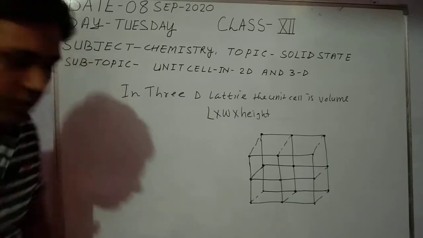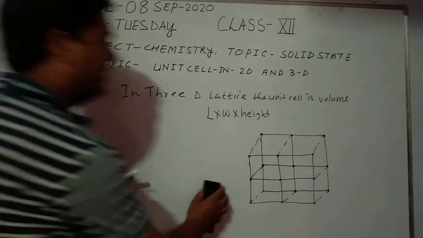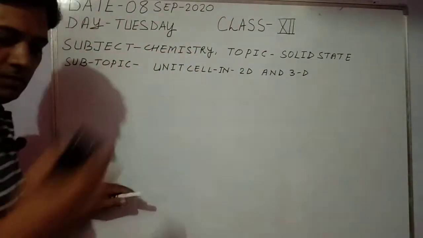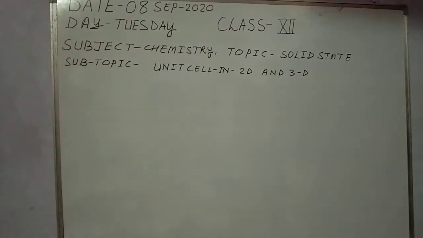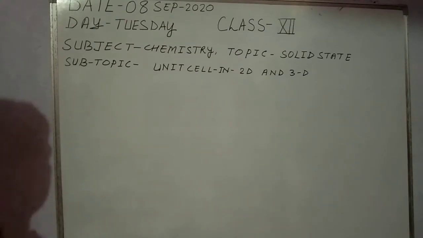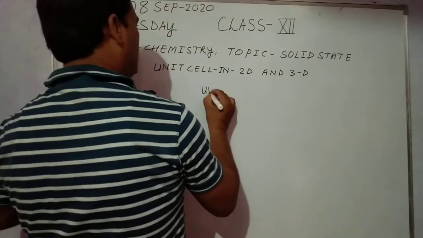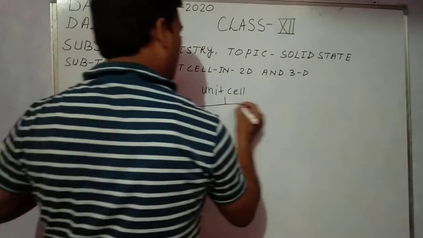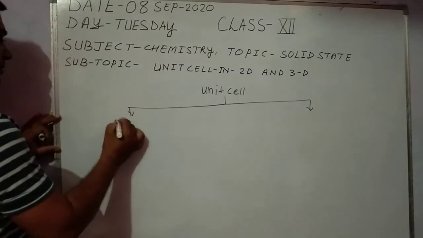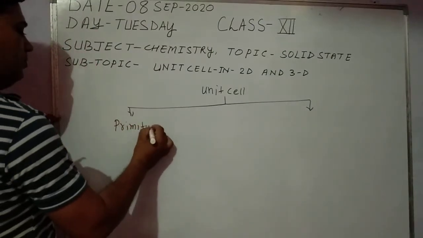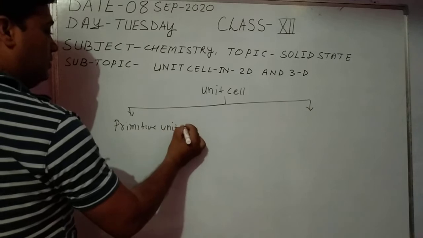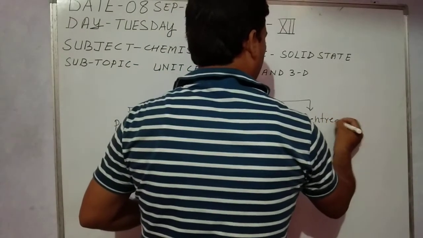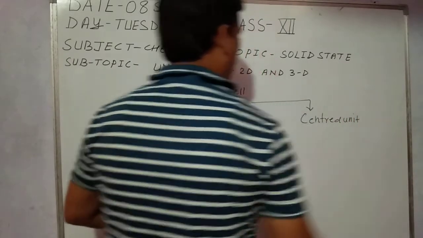How many types of unit cell in three-dimensional lattice? There are 2 types of unit cell in three-dimensional lattice, that is primitive unit cell and centered unit cell.